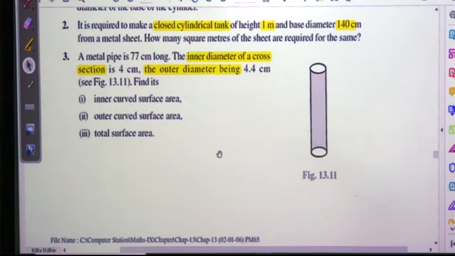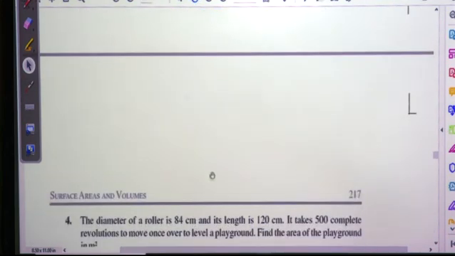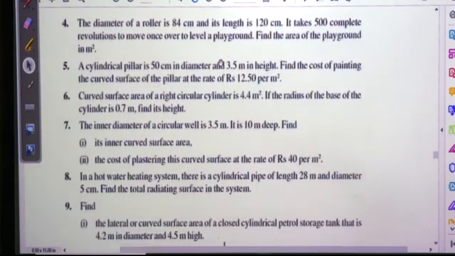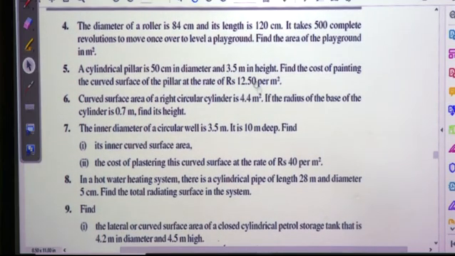Proceeding further, let us move to the fourth question. The diameter of a roller is 84 centimeter and its length is 120 centimeter. It makes 500 complete revolutions to move once over to level a playground. Find the area of the playground in meter square.